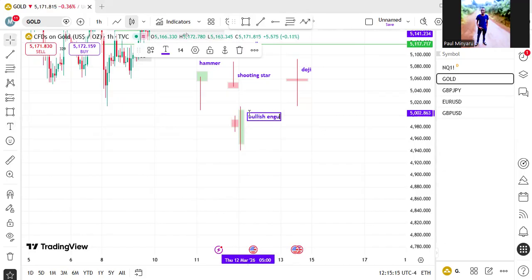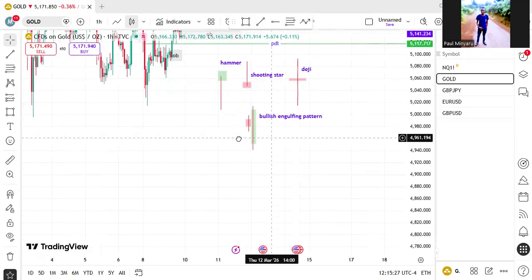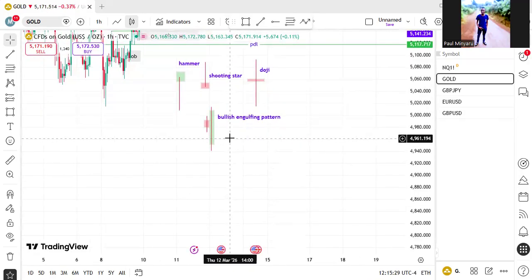Okay. This is what we call a bullish engulfing candlestick pattern. When it occurs in a downtrend, in a support zone, it signifies what we call a change in market direction from a downtrend to an uptrend.